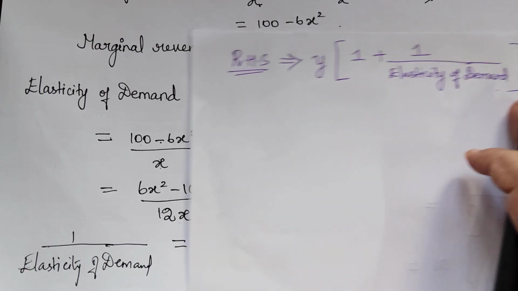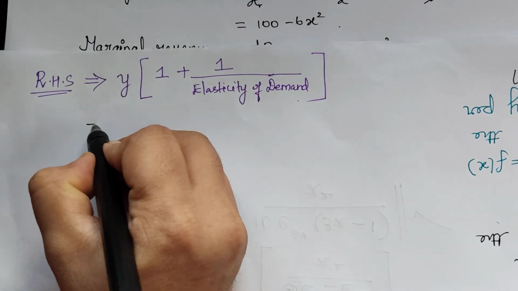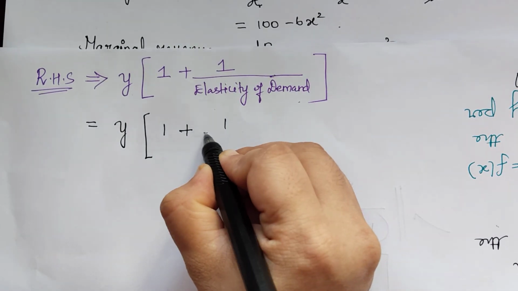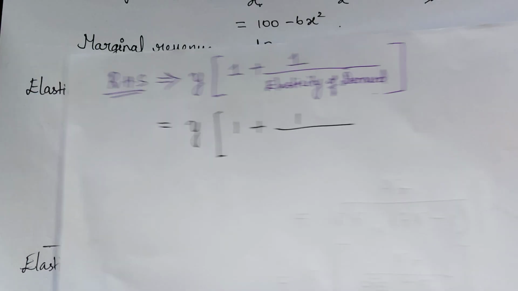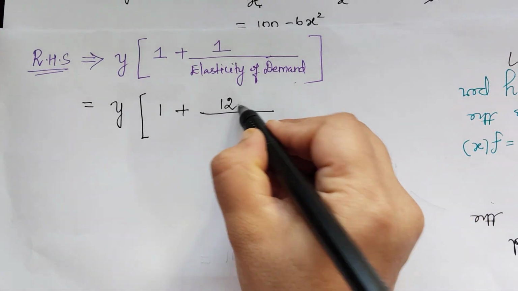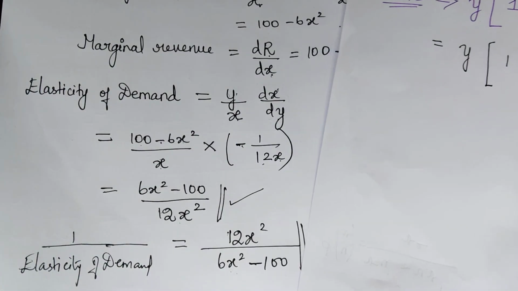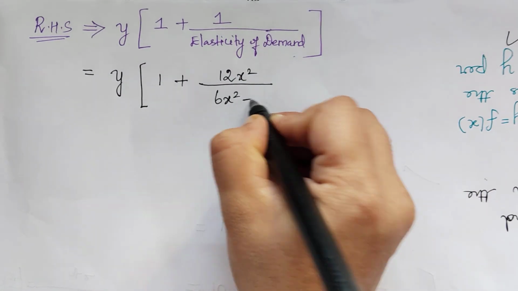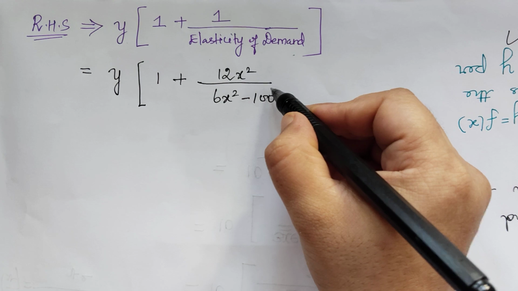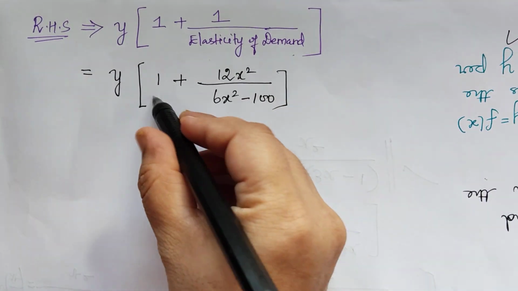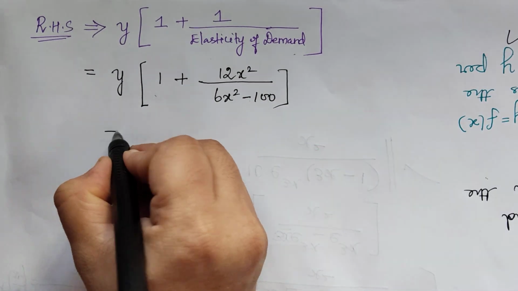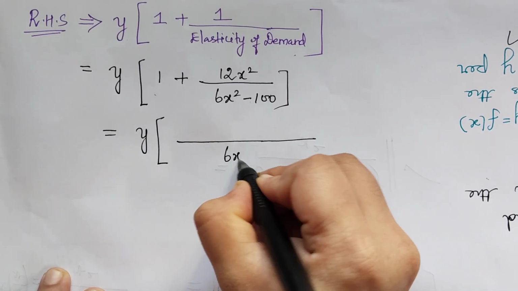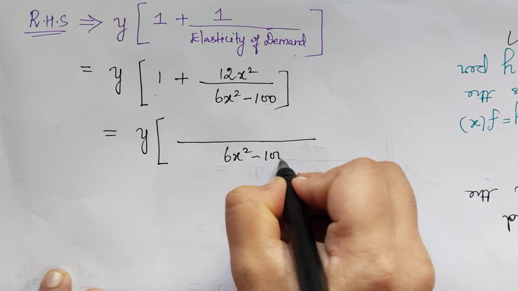So when we substitute, what do we get? We get this to be equal to y multiplied with 1 plus 1 divided by elasticity of demand, which we have found here, that is 12x square divided by 6x square minus 100. If you take the LCM on the right hand side, we get y multiplied with 6x square minus 100 in the denominator.